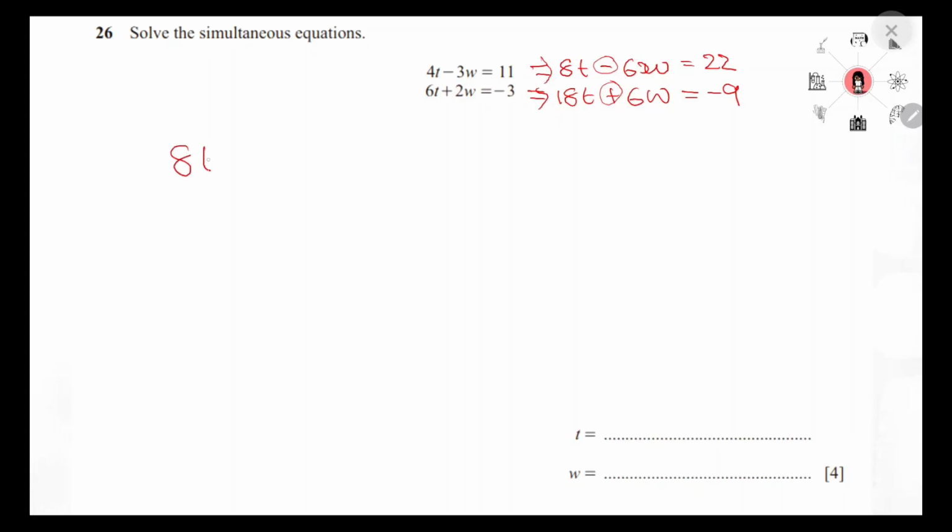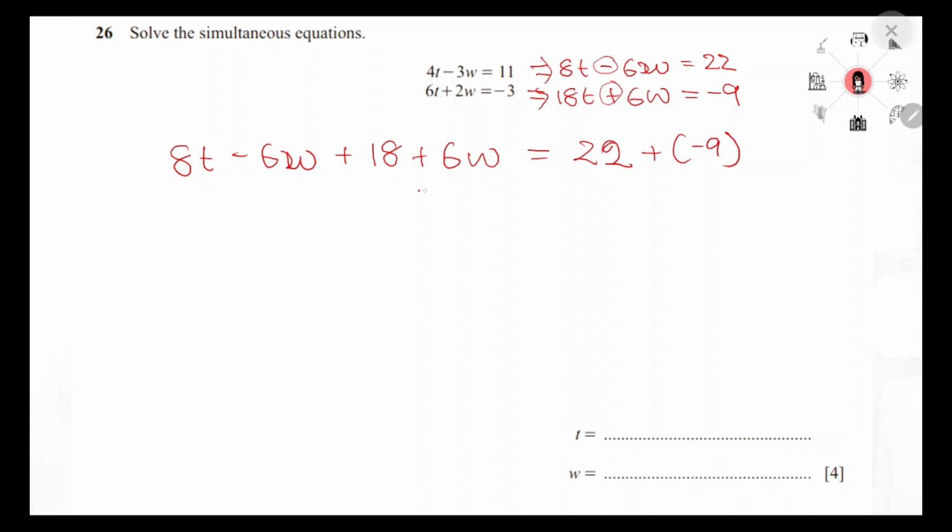So it will give us 8t minus 6w plus 18t plus 6w, giving us 22 plus minus 9.